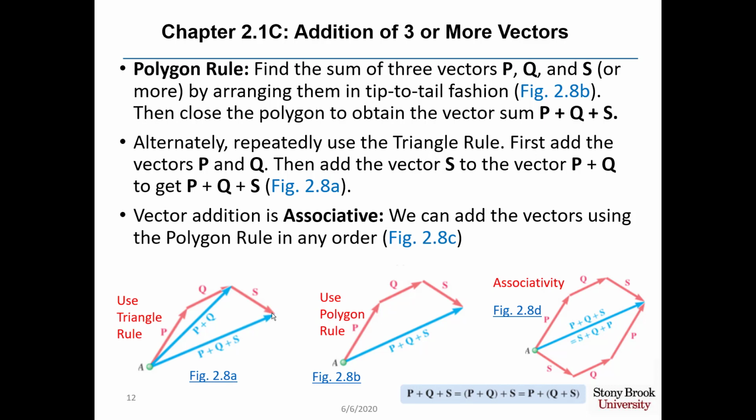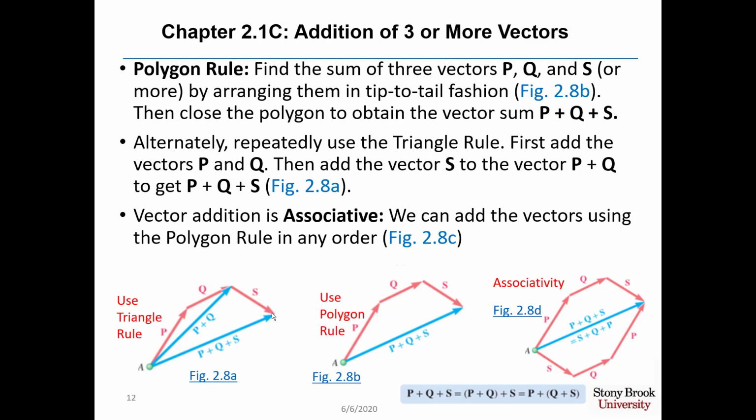The vector p plus q plus s is going to wind up with the same line of action and the same magnitude, whether you use the polygon rule or whether you use the triangle rule twice. Vector addition is associative.